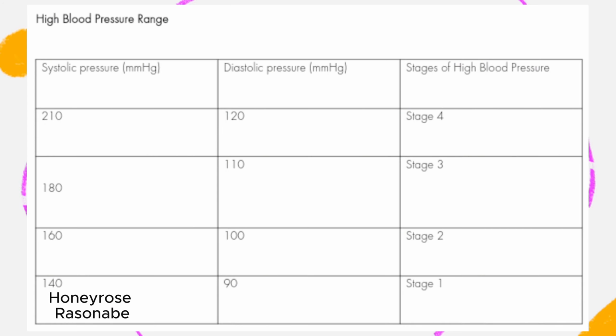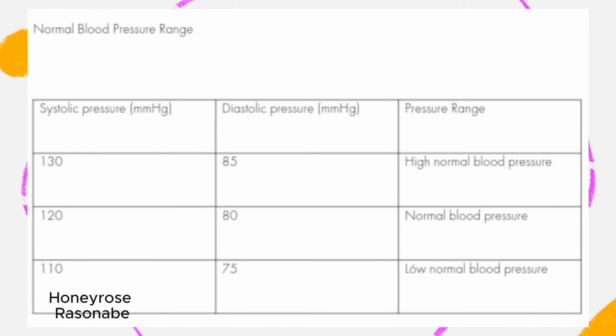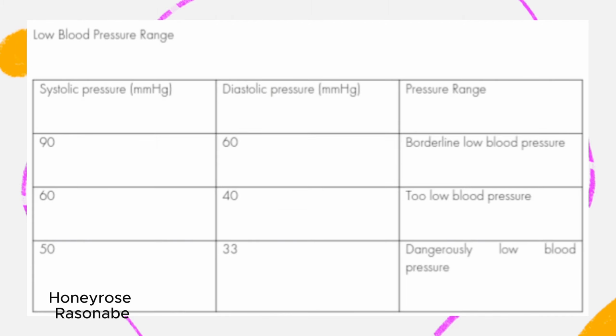Low blood pressure. Blood pressure that is too low is known as hypotension. Hypotension or low blood pressure is when your blood pressure is lower than expected. So, dere na atay table sa high blood pressure range, normal blood pressure range, and sa low blood pressure range.